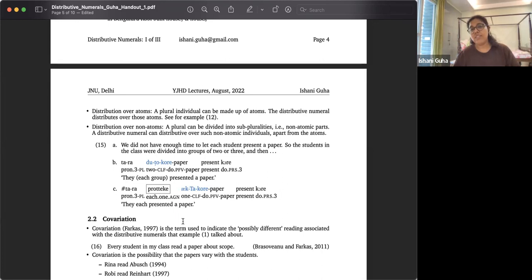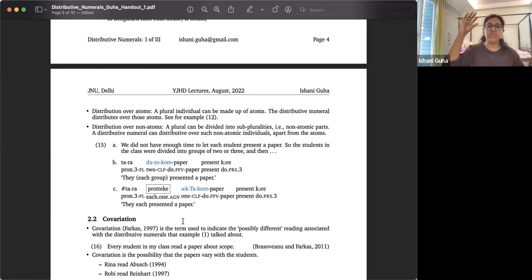To continue with Tara protyeke ekta kore paper present kore is as if our basic problem is no longer taken care of. So 15C in a different context is a felicitous, good sentence, but in the context given in 15A, it's an infelicitous sentence.